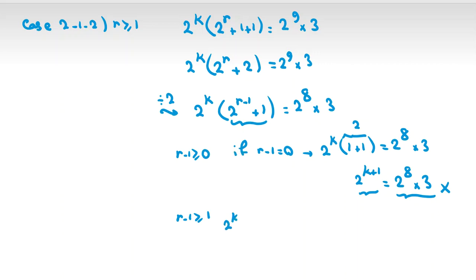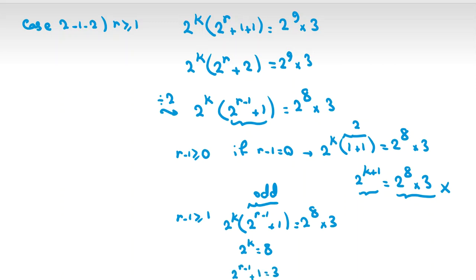We write 2 to the k times (2 to the r minus 1 plus 1) equal to 2 to the 8 times 3. This part is odd. So odd times 2 to the k. The only possible case is 2 to the k equal to 2 to the 8, and 2 to the r minus 1 plus 1 equal to 3. Now, I can find k and r easily.